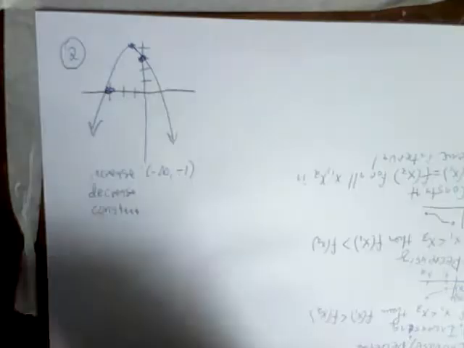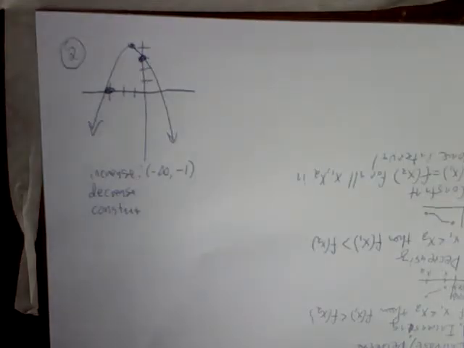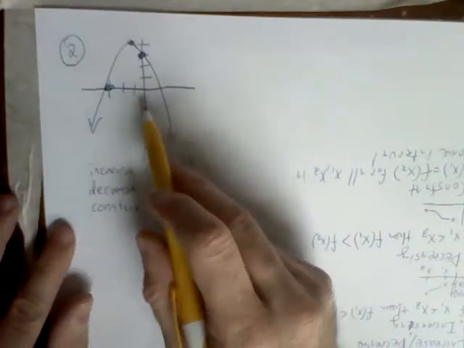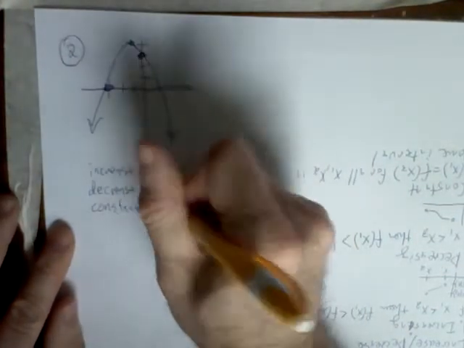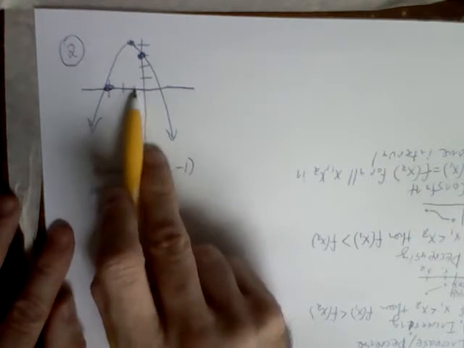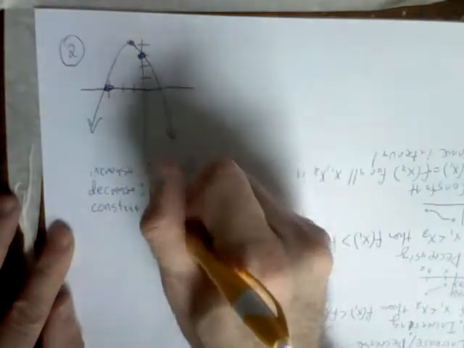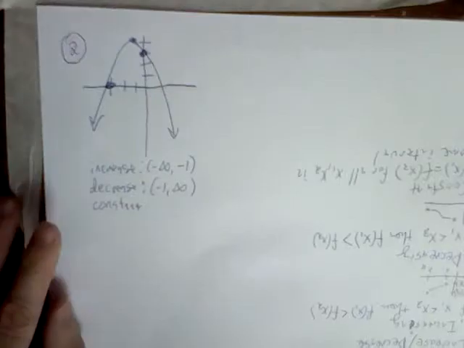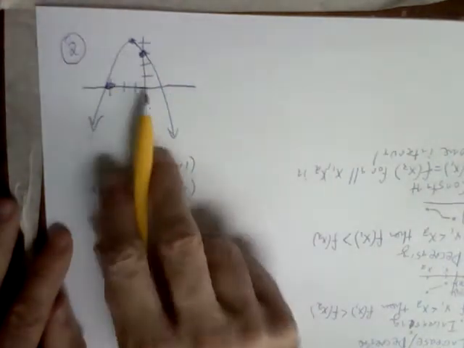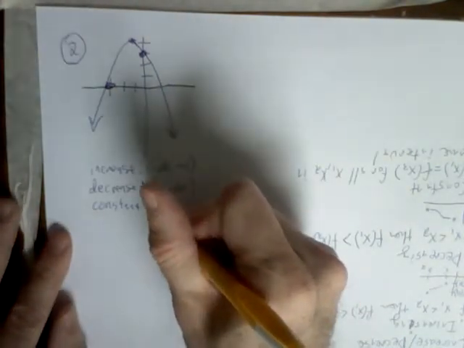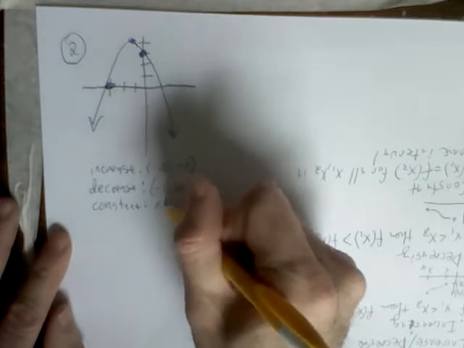I think it's at -1. And you could tell in the book, so it's not like I'm using algebra to figure that out or something. It's just literally I'm looking at the graph. Okay, so where is it decreasing? Well, it's decreasing from that point on. So it's from -1 to infinity, it'll be decreasing. And then it's really not constant anywhere. Okay, so in that case, you'll just write no. Okay.